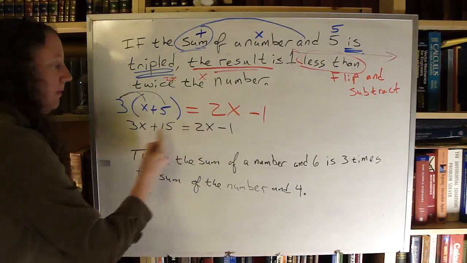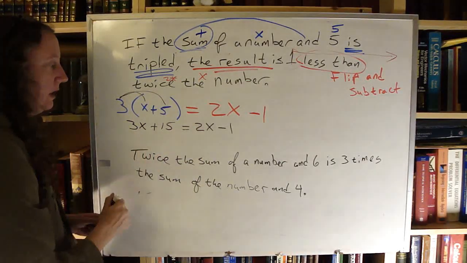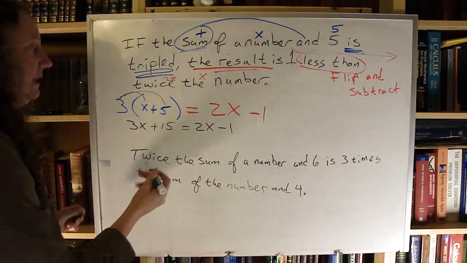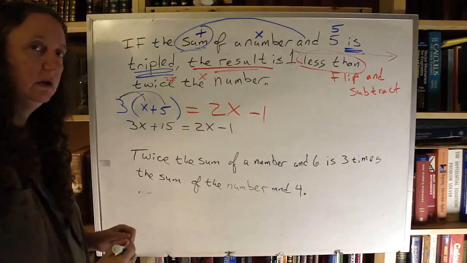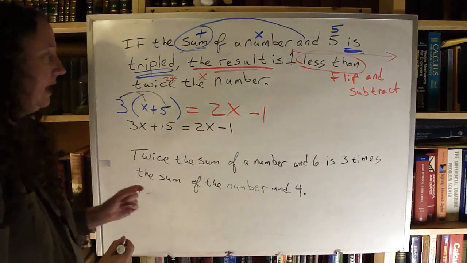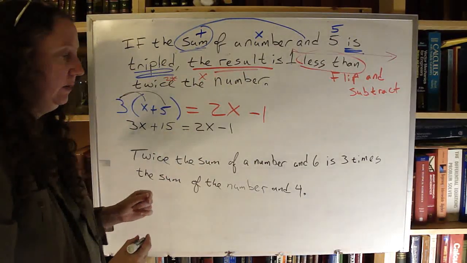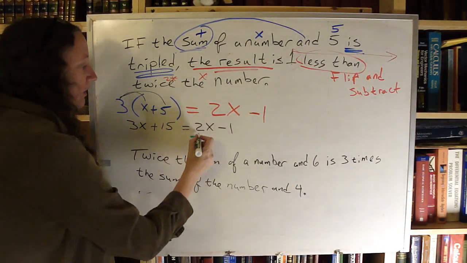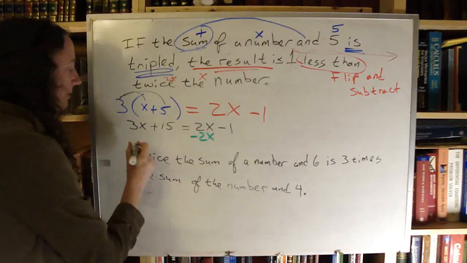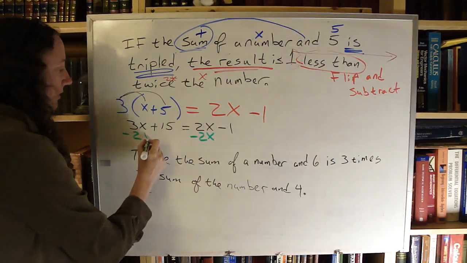My x is on both sides of the equal sign. I need to get them all on the same side. Doesn't matter which way I do it. I can subtract the 3x or I can subtract the 2x. Personal preference, I like positive coefficients. So I am subtracting the 2x.